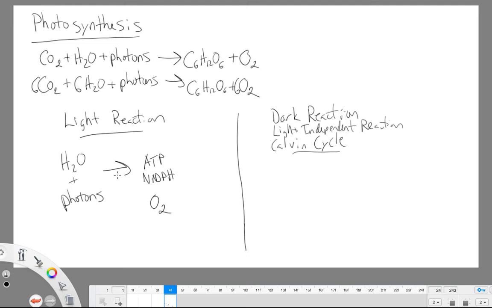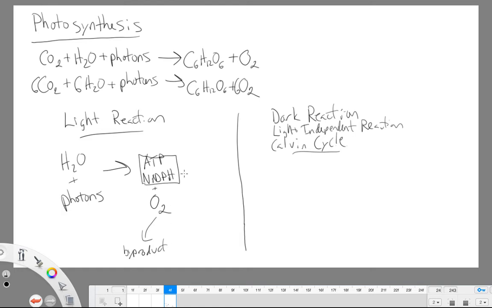It's an electron transport chain to create ATP. And again, ATP is that energy currency of the cell. NADPH is a molecule that is going to act to provide energy similarly to ATP. It also accepts the electron at the end of this electron transport chain, and I'll show you how that works. So we're creating these two molecules that provide energy. And then we're also creating this oxygen as a byproduct, and this is the byproduct. It gets released to the atmosphere.